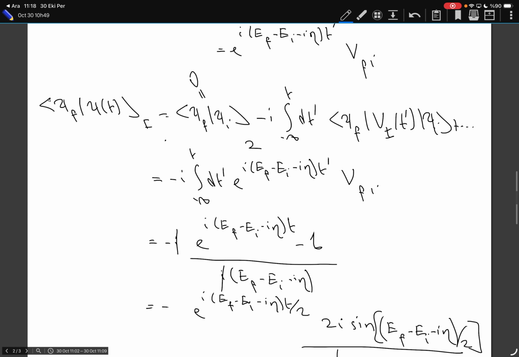I'm calculating the amplitude that I have a particle in the initial state I at t equal to minus infinity, and at t very large, I'm looking at the amplitude that it will be in the final state psi f. Psi f is at a very large time. It scatters somewhere in between these two times. I don't know when, but at some time.